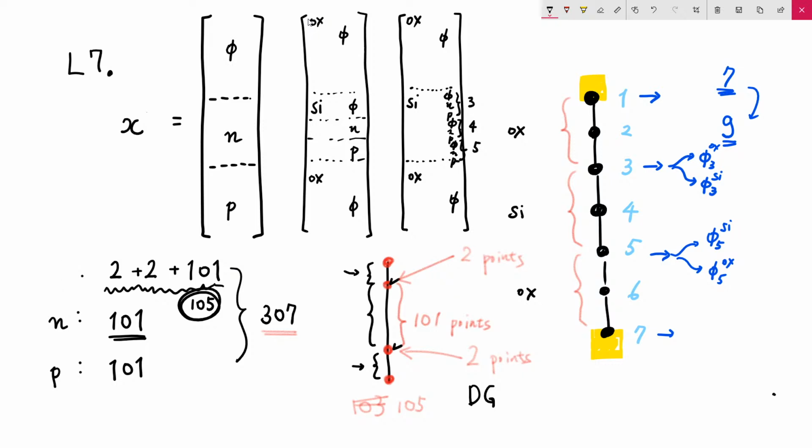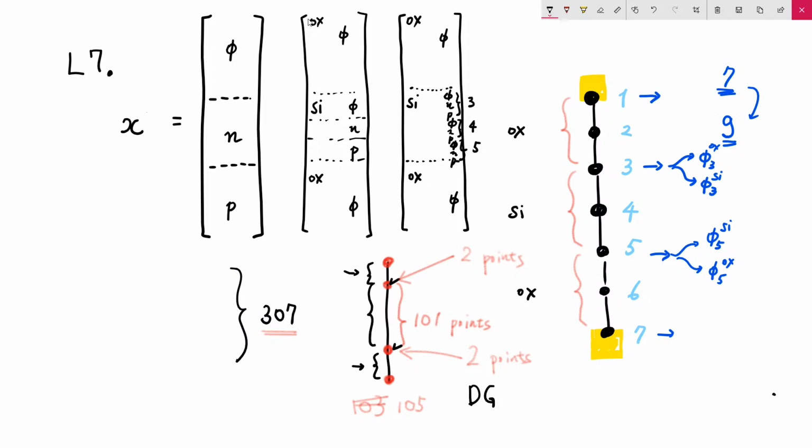Of course, I think that the performance of our matrix solver really depends on the way of this variable arrangement. So certainly some of them will perform poorly and some of them will perform much better.